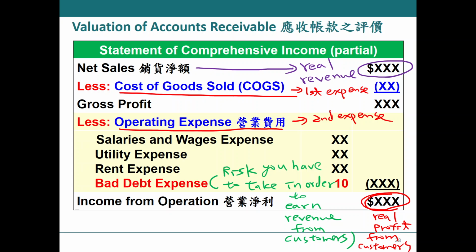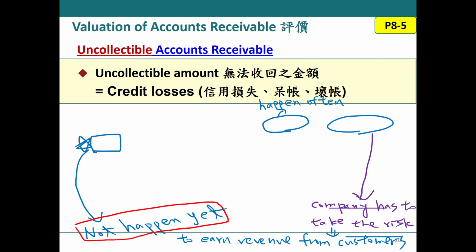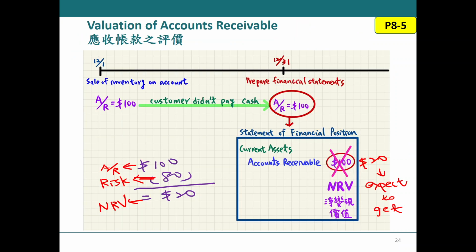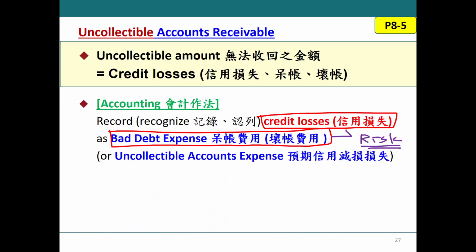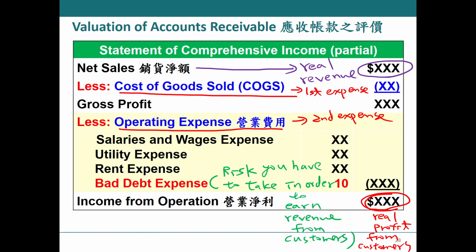Remember, here we tell you, we expect on the last day, based on the risk, maybe we cannot get it back. So it has not happened yet. So the $10 is not true. It's only your expectation. So the $10 is your risk.